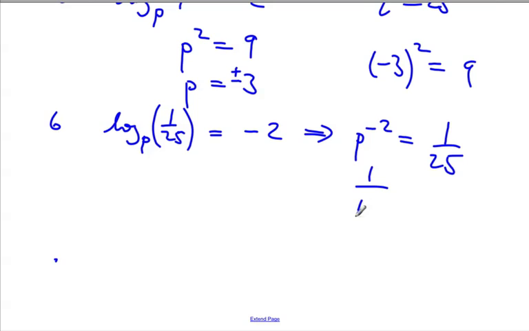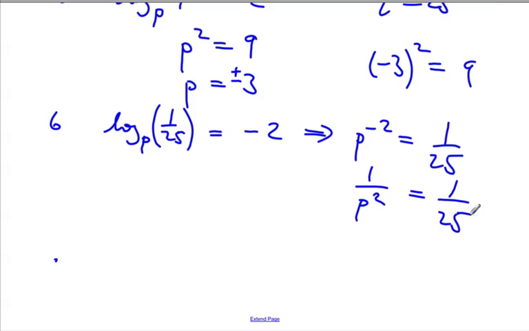So if that's 1 over p squared, and that's 1 over 25, how come the sign changes to positive square? Because the negative doesn't really stand for a negative. It's not like a negative number or a positive number. The negative means that p to the -2 actually means 1 over p squared. The negative refers to the p squared being on the bottom line of the fraction.